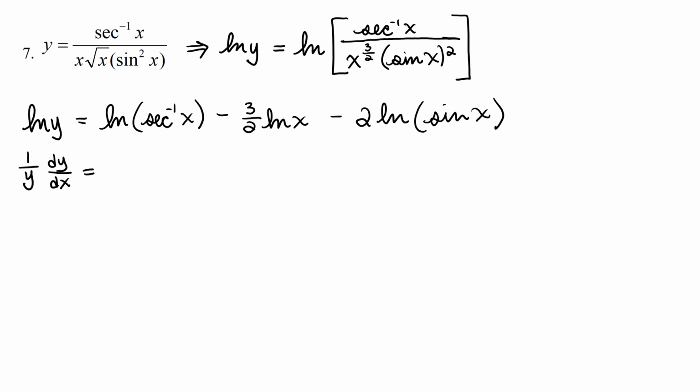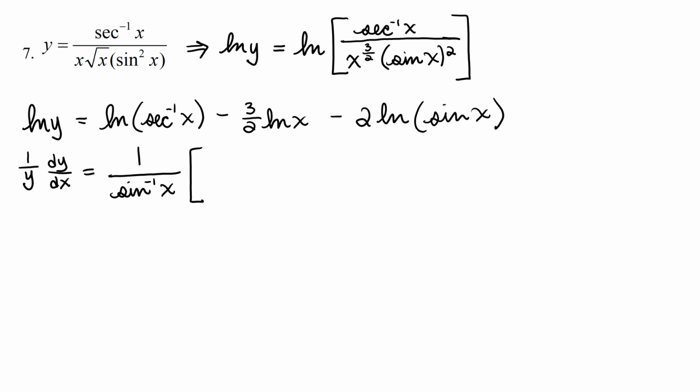And then we'll use chain rule on each of these pieces. So the derivative of natural log is 1 over what is inside of it. So that's 1 over inverse secant x times the derivative of what's inside of it. And since the derivative of inverse secant x is a quotient, rather than writing it on top, I will write it to the side.